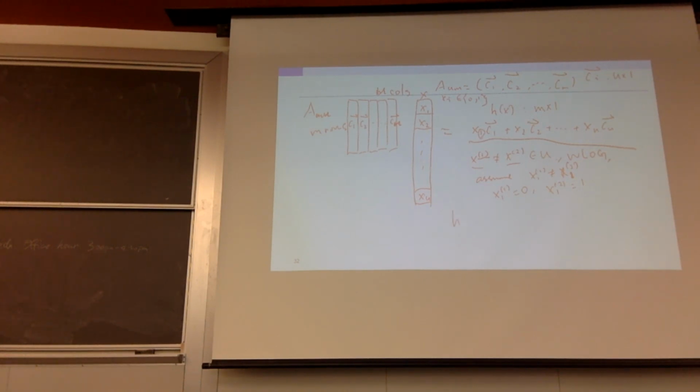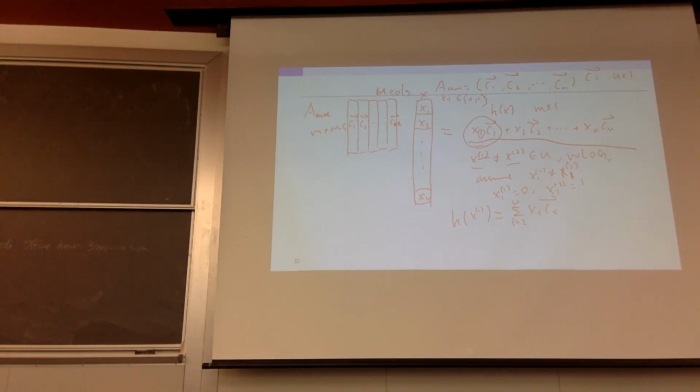If you take the hash function of x1 here, since x11 is 0, this term disappears in the final result. So you get a summation of i from 2 to u, xi ci.